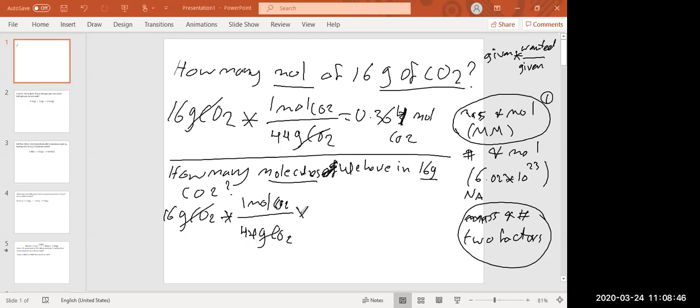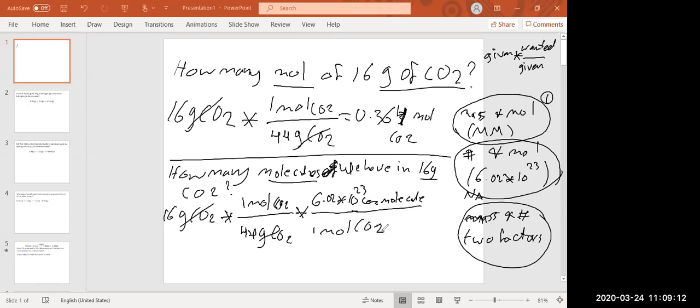Now I have the mole, so I will use the second factor, the mole and the Avogadro's number. Which one will go to the top? What they are asking, how many molecules? So they are asking for number. So I will put the Avogadro's number, 6.02 times 10 to the power 23 CO2 molecules, on the top. And on the bottom, 1 mole CO2. Okay, so mole CO2 cancels with mole CO2.